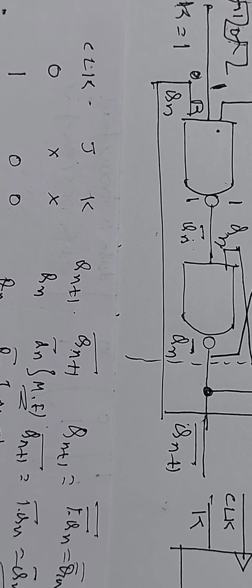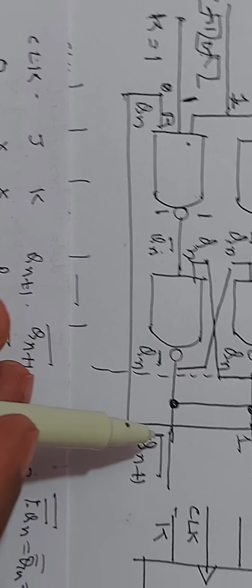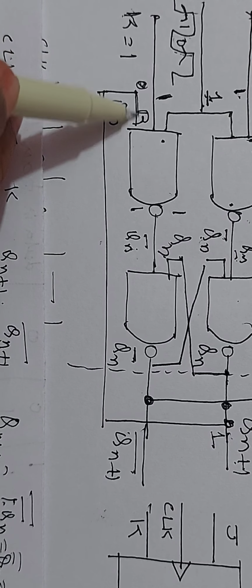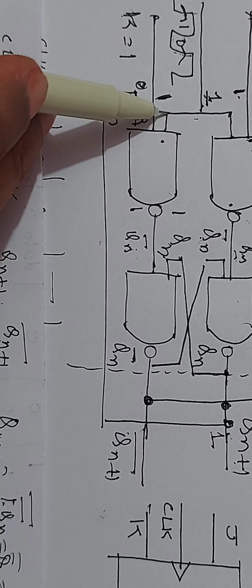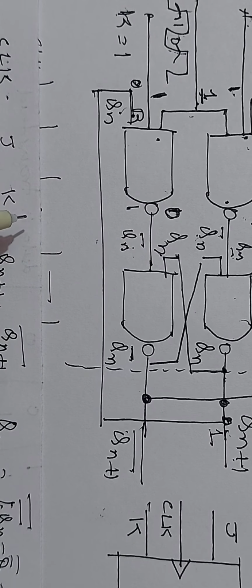Now, see in this clocked flip-flop, in JK flip-flop, this 1 is fed back to this input. So 1 into 1 into 1 is 1. Complementary is 0. This becomes 0.